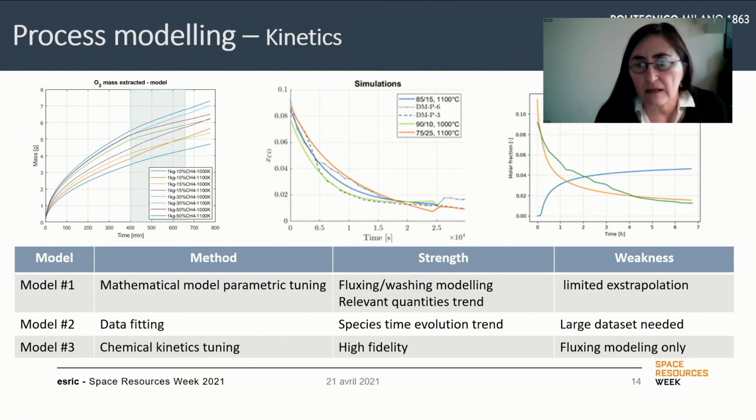One is basically a mathematical model, parametrically phased. The central one is a data fitting, and the one at the very right is a precise model for the chemical kinetics that focuses only on the carbothermal part.